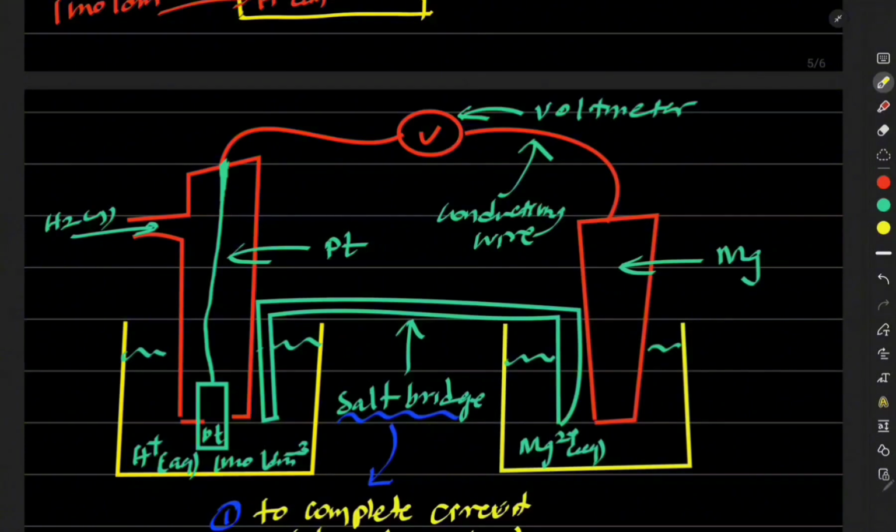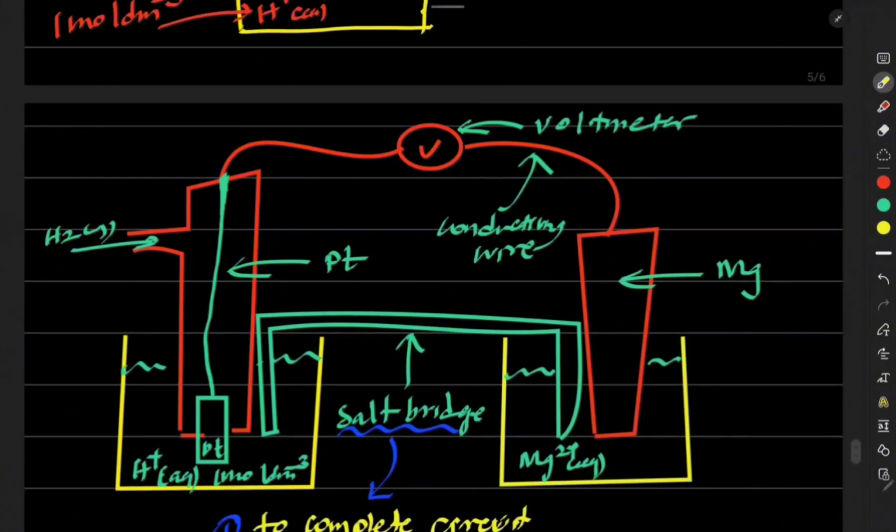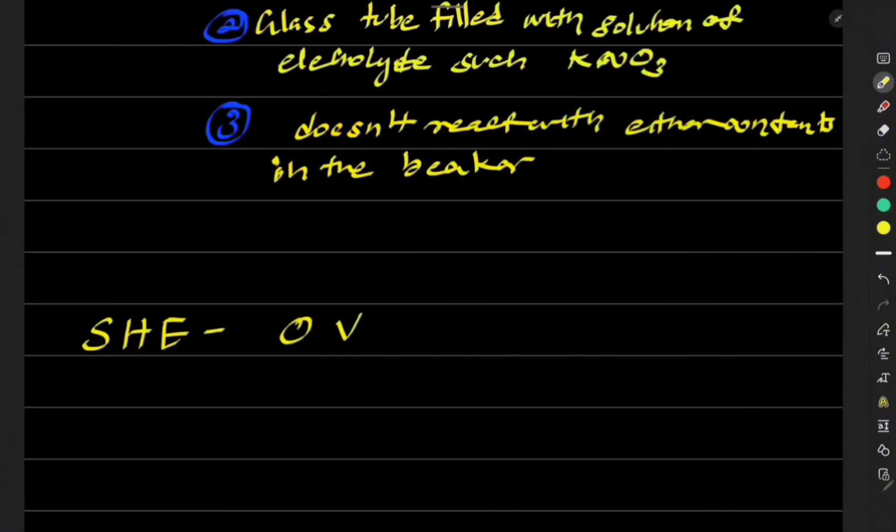The voltage reading means it is the potential difference: potential of hydrogen minus potential of magnesium. And that's how the electrode potentials are found. This standard hydrogen electrode is considered as 0 volts at 1 atm pressure, 25 degrees Celsius and 1 mol dm^-3.